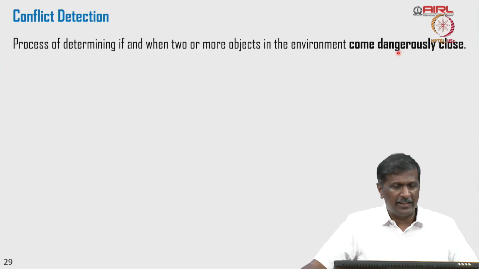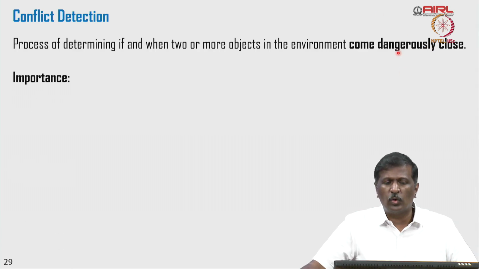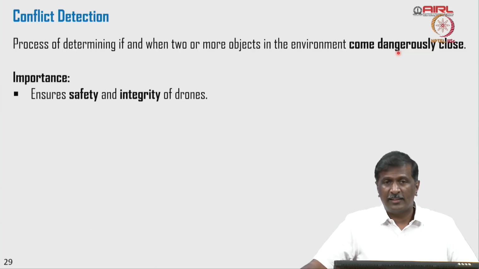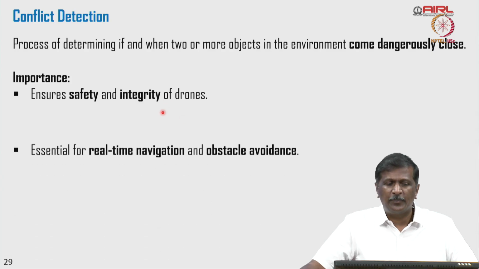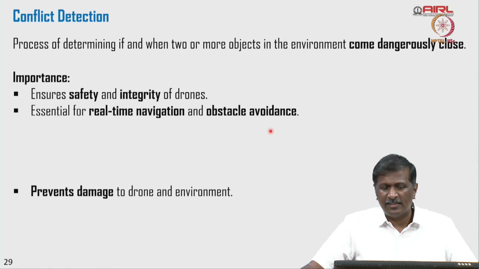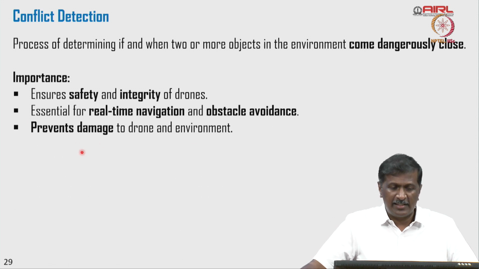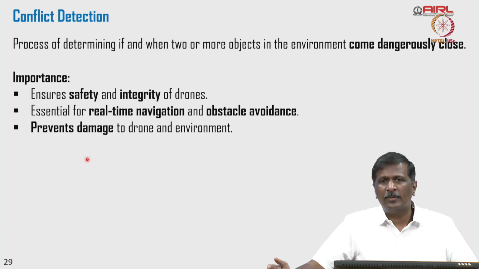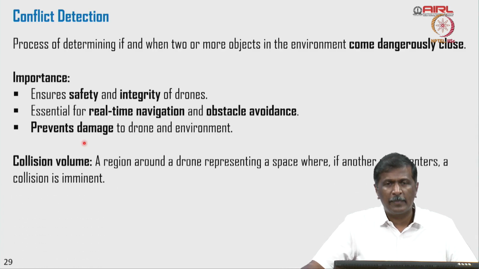So which means I need to determine when they will come close to each other. This is very important from the point of view of safety, integrity of the drones, right? It is essential for real-time navigation and obstacle avoidance, and it prevents damage to the individual drone or the payload it carries, or also to the environment in which it is present.